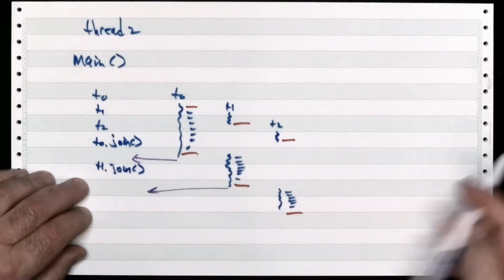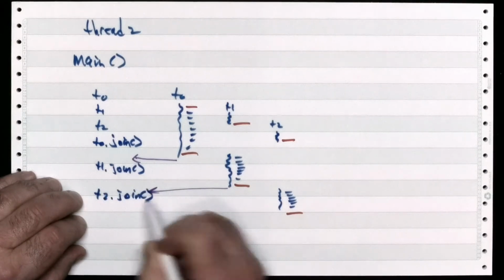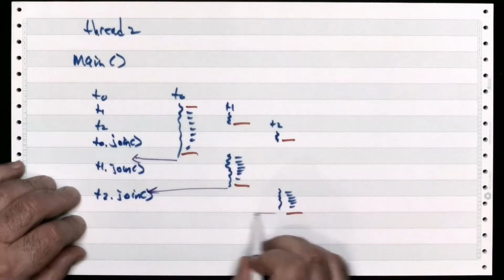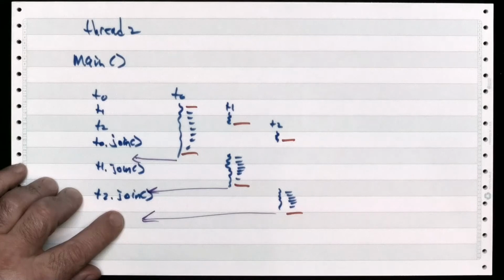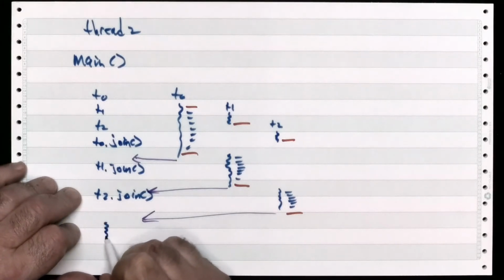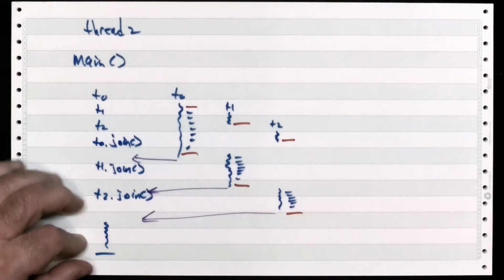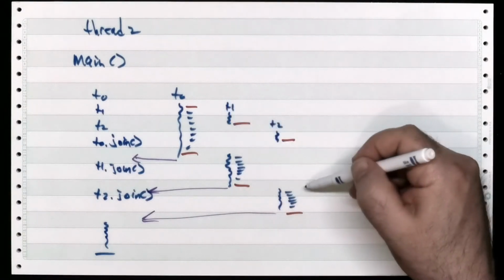There. Then it says thread 2 join. Right? And it's not until thread 2 is done that this join will complete. Okay? At which time main can print out its message and return back to the operating system. Okay? So this is really how this program is running.